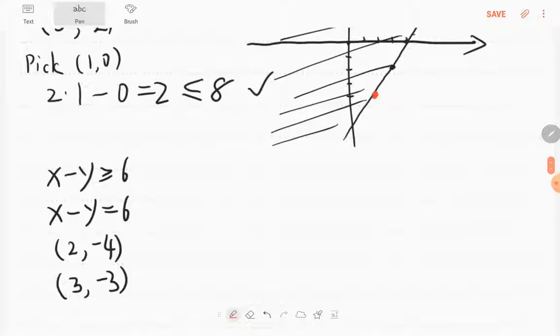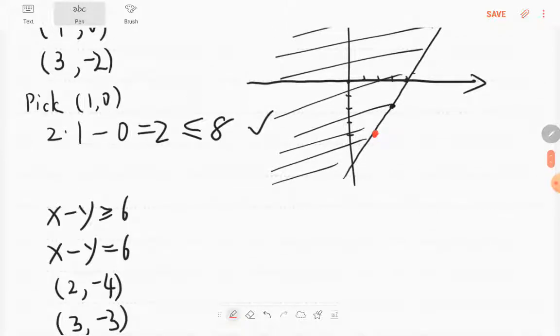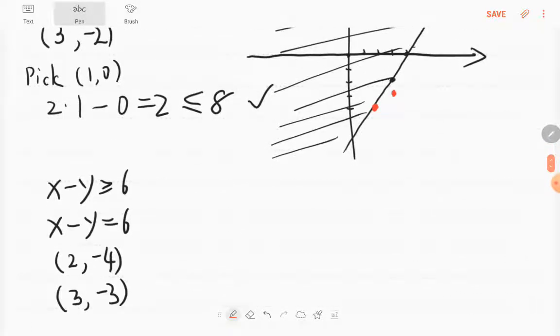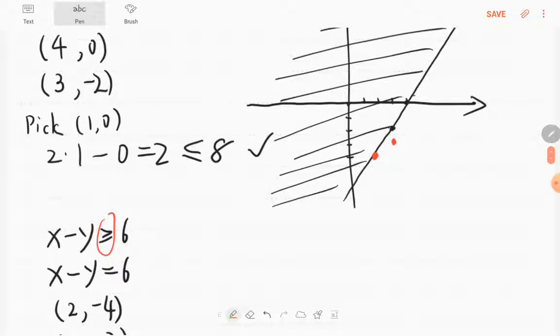The other point is (3, negative 3). Then we connect these 2 points. This one has greater than or equal to, so this boundary is included. So we just connect it.